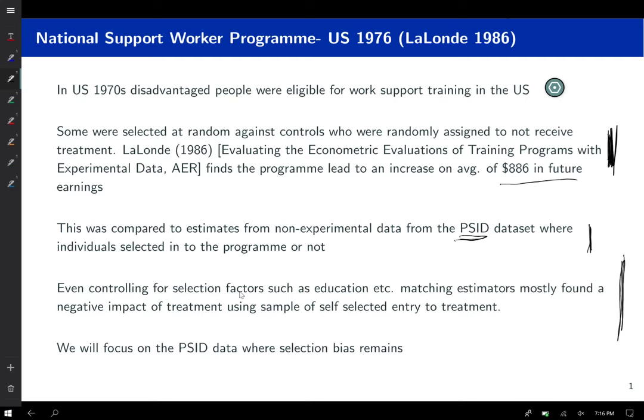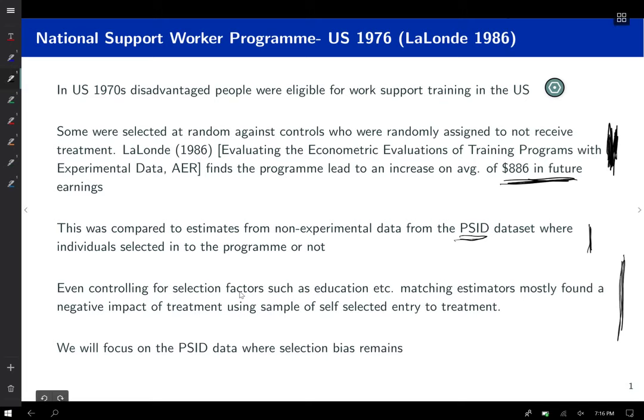What we're going to see here is that even if we use matching techniques and try to compare like for like people, we actually find that there's a negative impact of this training program. This would mean basically that we haven't controlled for all of the factors which people use to select into the treatment. If we find there's a positive effect with random assignment, well, we know with random assignment there's no selection bias, so we can be quite confident that this provides a good estimate of the causal effect.